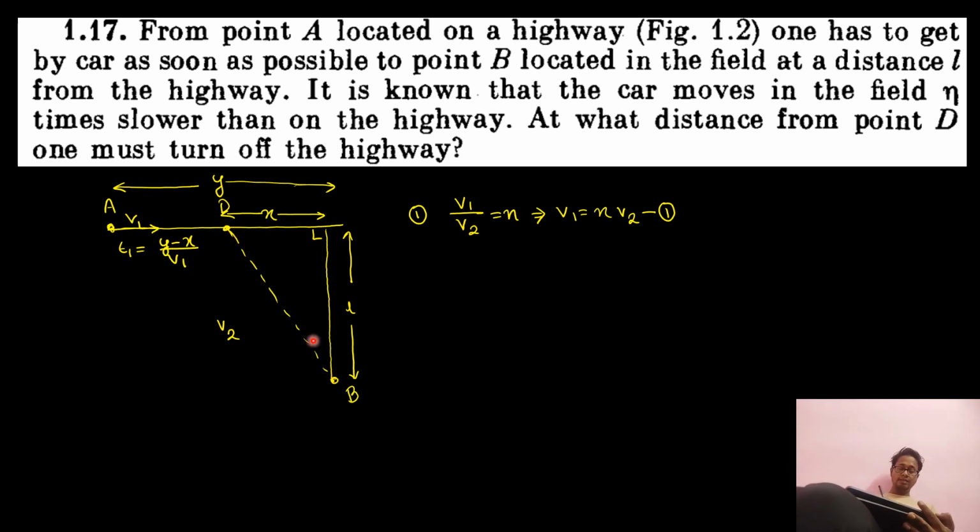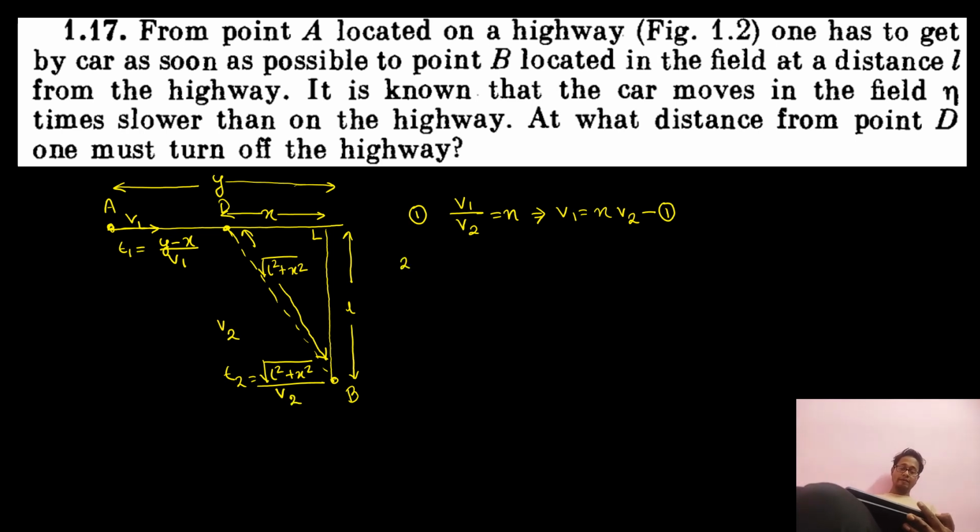This distance is the square root of L square plus x square. So what is the time taken for T2? T2 is the distance, under root of L square plus x square, divided by v2.